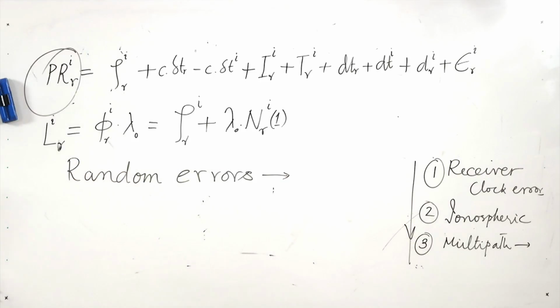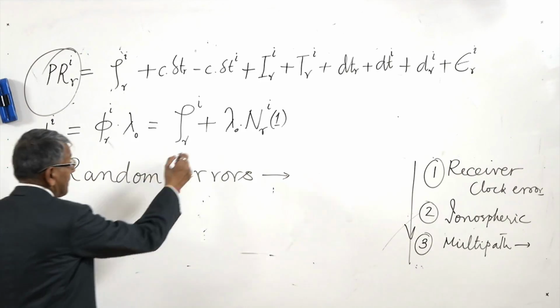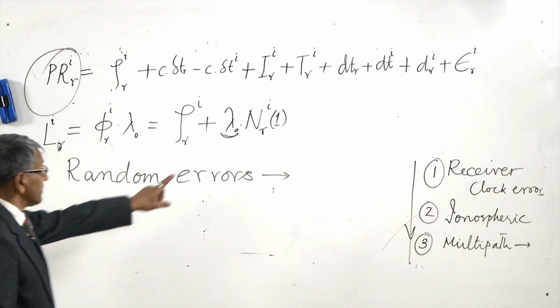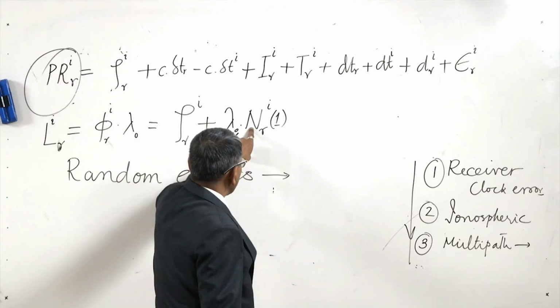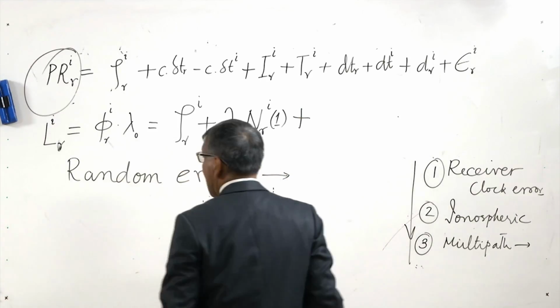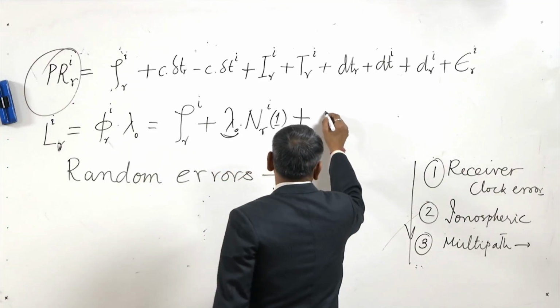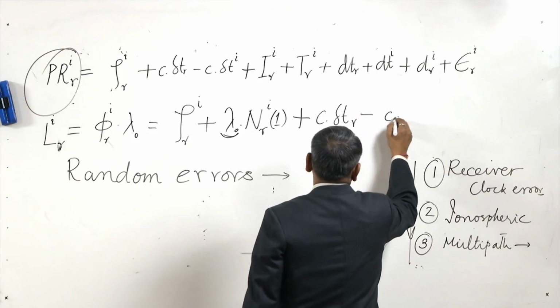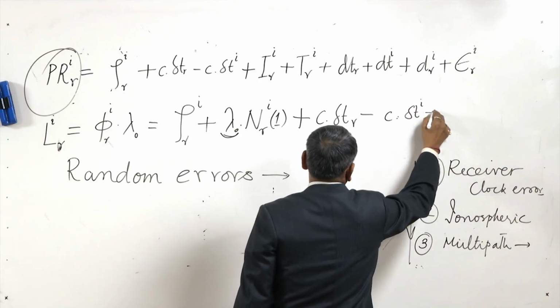The number of integer ambiguity cycles multiplied by the wavelength gives the error due to integer ambiguity, that is the total number of cycles in the first epoch of observation. Then you will have c into del T r, c into del T i.